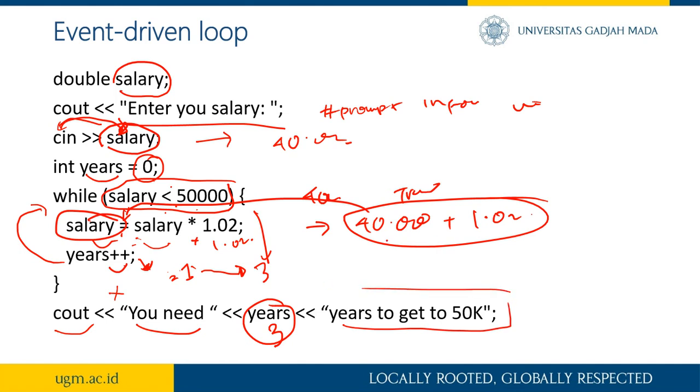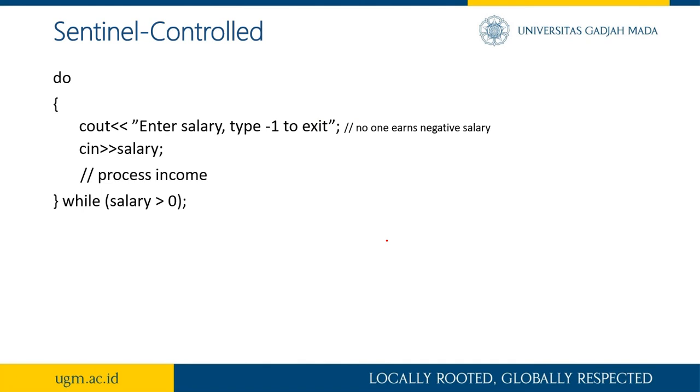This is another example, the sentinel-controlled loop, so looping but with a sentinel. It will repeatedly ask the user to type the salary, and it will exit from the looping only if you type -1.